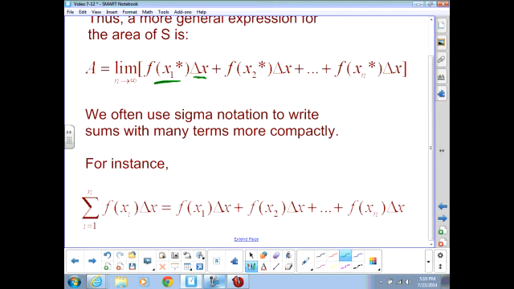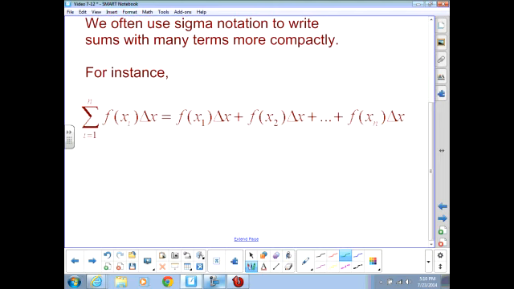And this can be written in sigma notation. If we wanted to write this, this would be the sum of our right-hand rectangles, because notice it's starting with f of x1 and ending with f of xn. This can be written in summation notation, because remember, you plug the bottom number in first, and that would give us f of x1 times delta x.